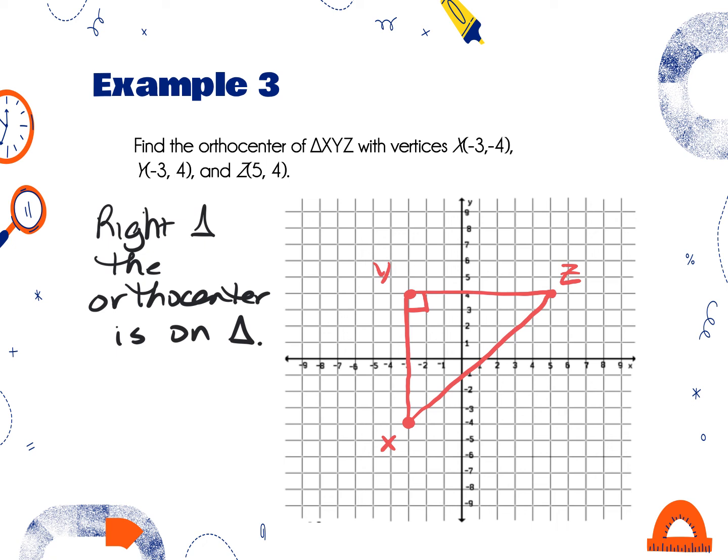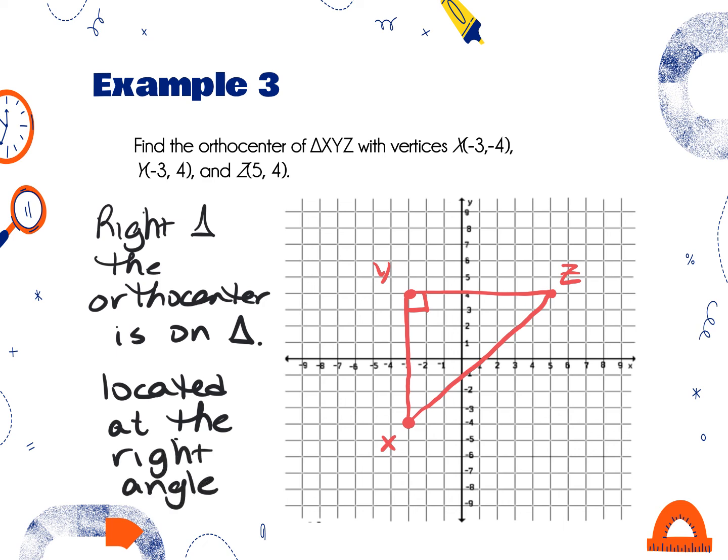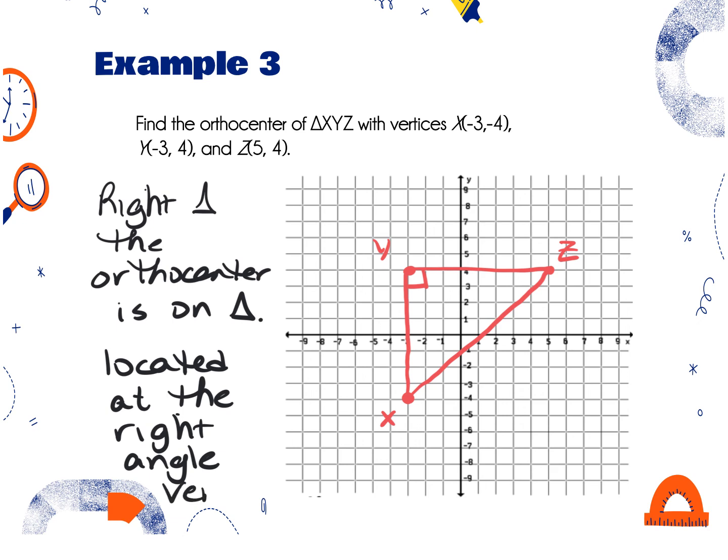And it's going to be located at the right angle vertex. So my orthocenter is going to be the ordered pair for Y. It's going to be -3, 4.